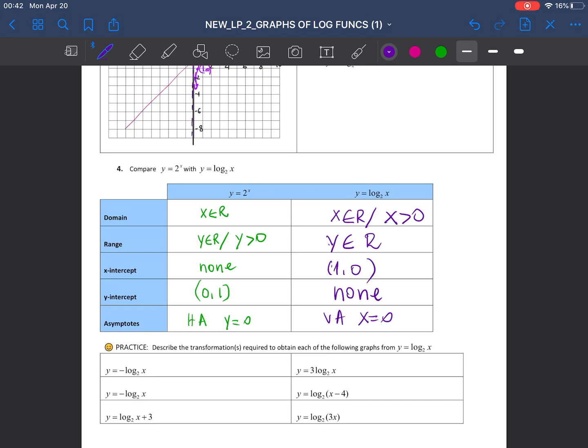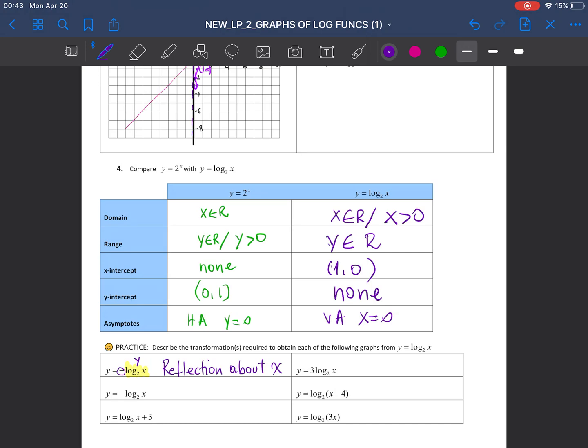Now we're going to practice describing the transformations that we need to apply to y equals log with base 2 of x in order to obtain these equations or graphs. So we have a negative sign here. That would be a reflection. And the reflection this time, because we're changing the values of y, means that we have a reflection about the x-axis.